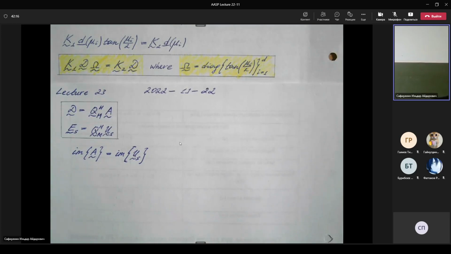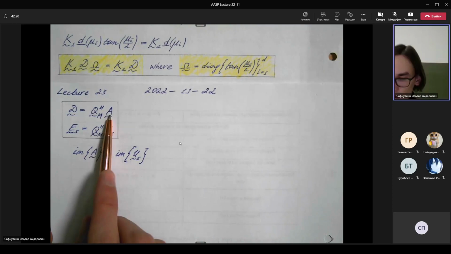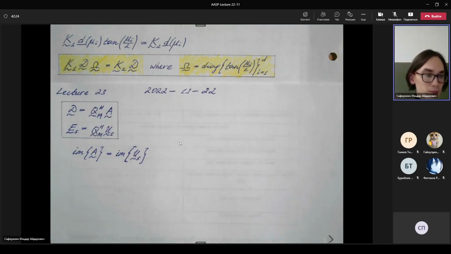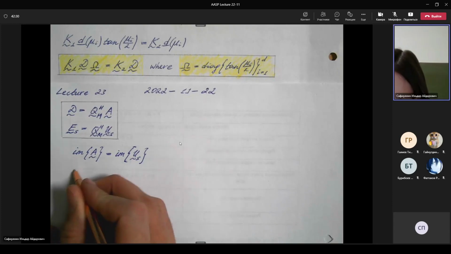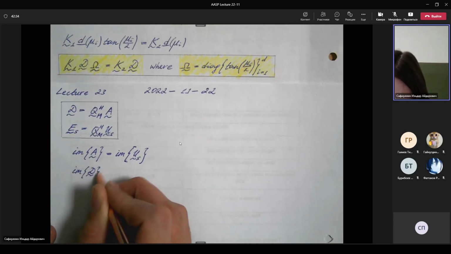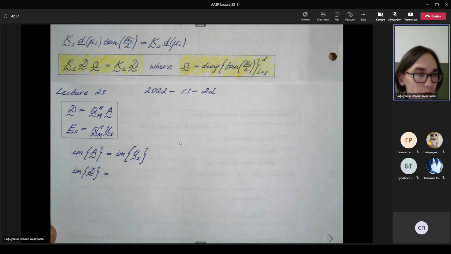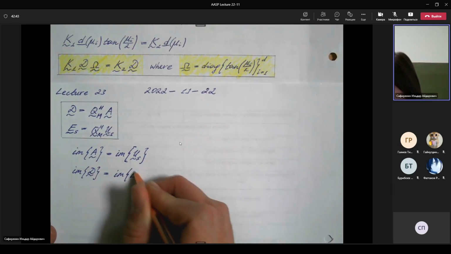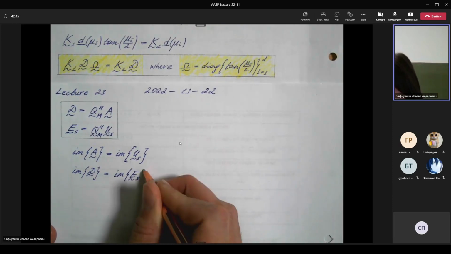In the same way, we can show that this one and this one have the same connection as the signal subspace of the transformed array steering matrix with the transformed signal subspace.